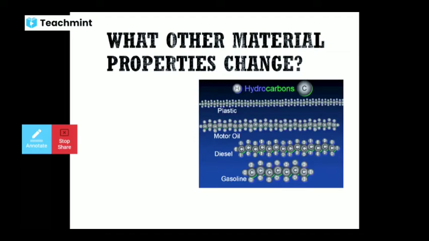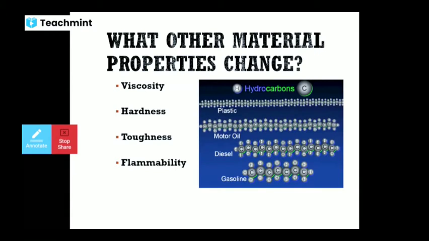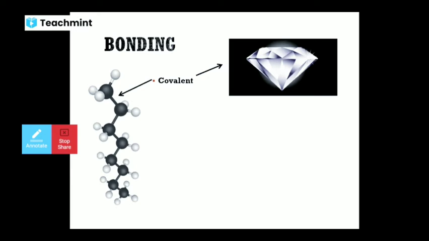What other material properties change? Viscosity, hardness, toughness, flammability. We shall see the bonding in either the hydrocarbons or the polymers.